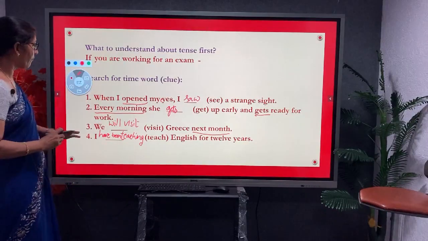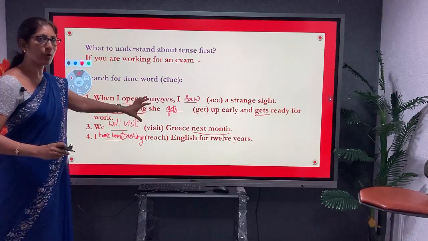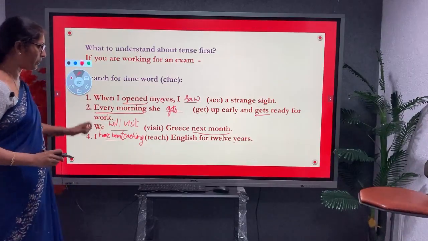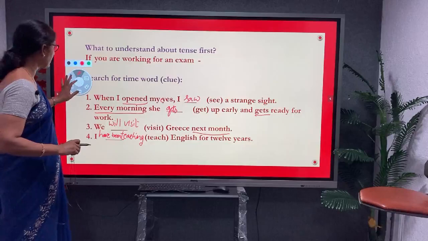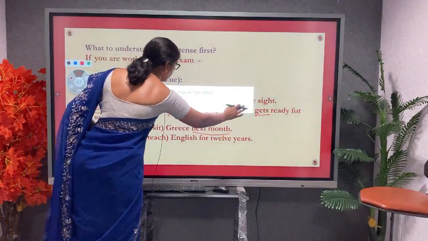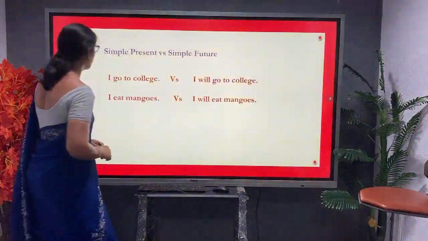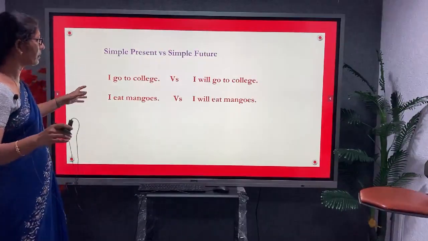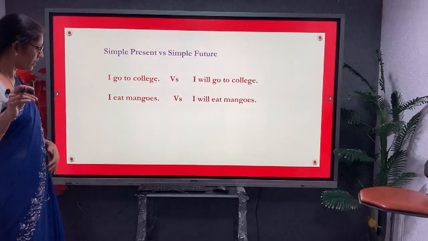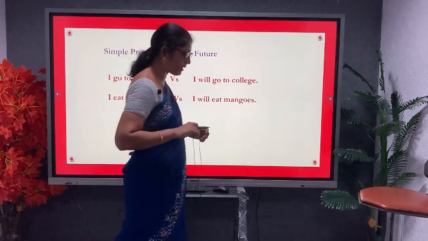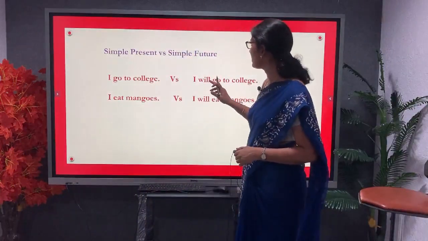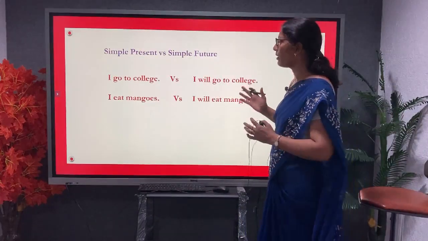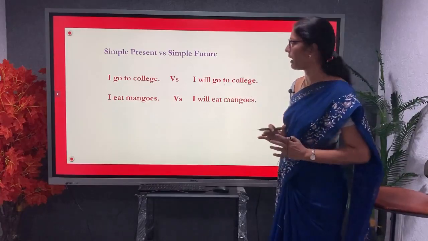So every sentence has some clue in it. Try to find the clue, then you can easily choose the right verb form. Right, let us move to another slide. So here, what we need to understand in using different tenses is the difference between simple present tense and simple future, then it is easy for you to differentiate your actions.